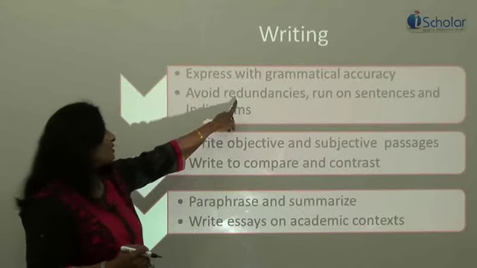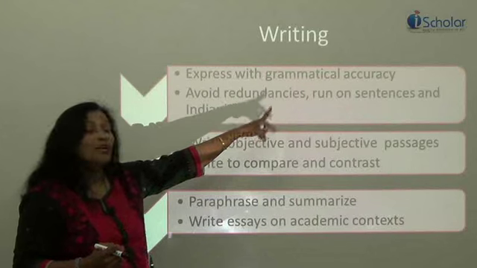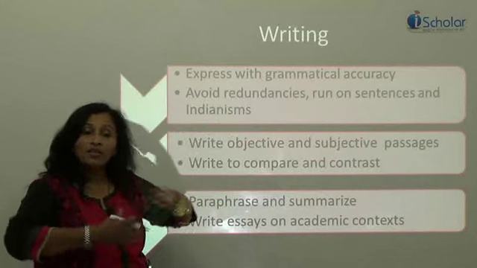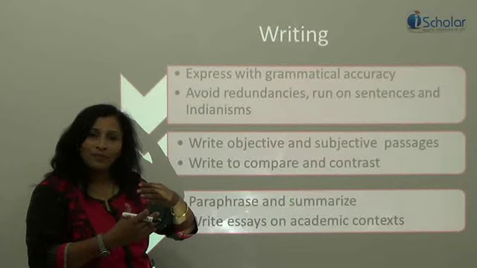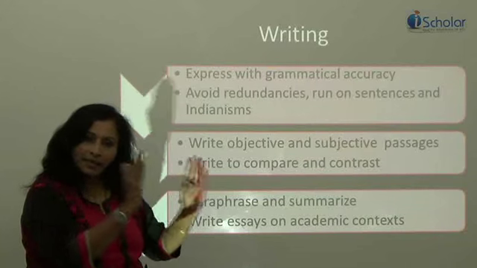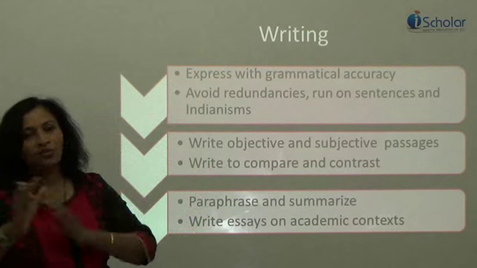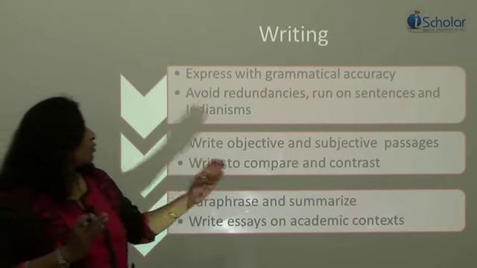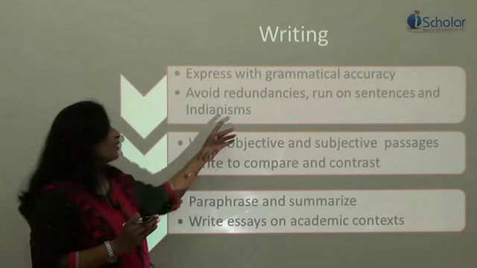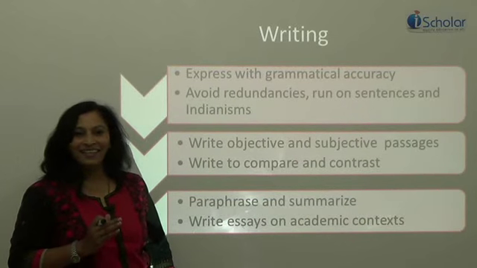So we have a tendency to use redundancies, run-on sentences, too many verbs. We are not able to complete an idea at one point and move on to the next idea. We push one idea into the other. Too many run-on sentences. And of course, we have our typical Indianisms.